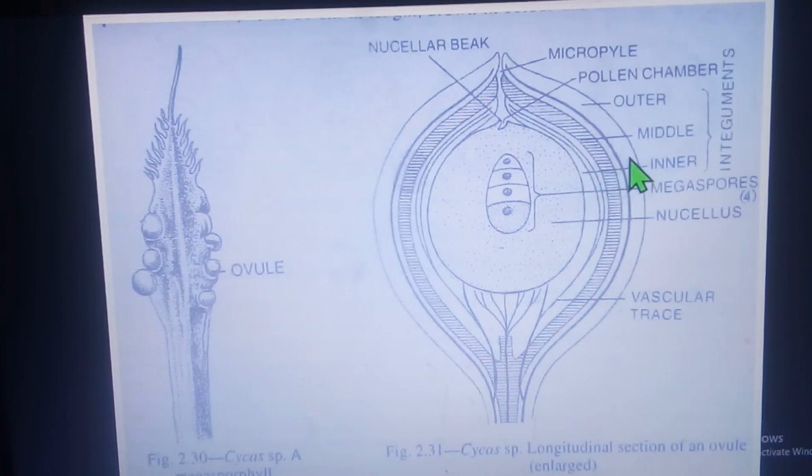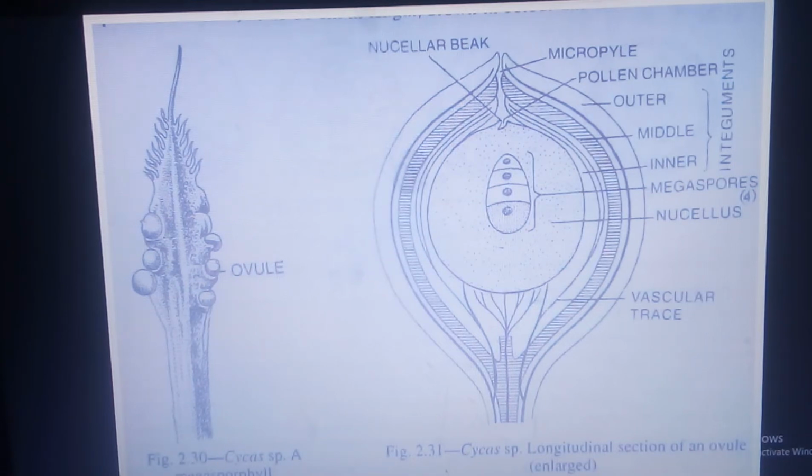Now these ovules are dark green in color, but they usually turn bright orange or red when they become ripe seeds.